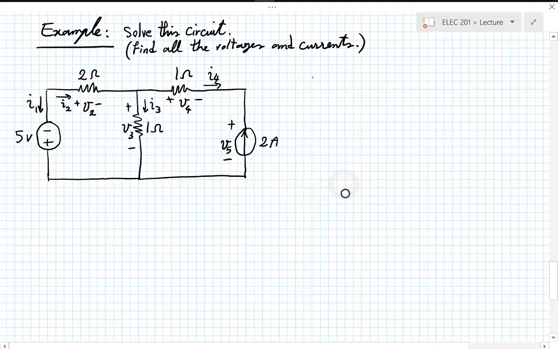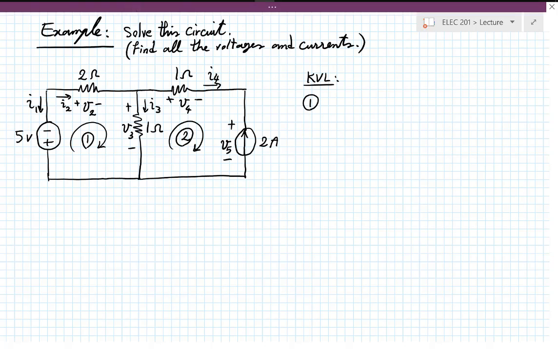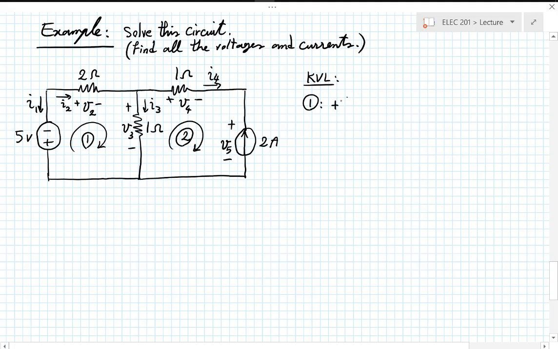So writing the KVLs, here's one loop, and here's another one. I'm going around this loop, starting from the bottom left. The first side that I encounter is plus. So that 5 volt, I'll include it with a plus sign. Plus 5. Then I encounter V2 with a plus sign again, and V3 with a plus sign.